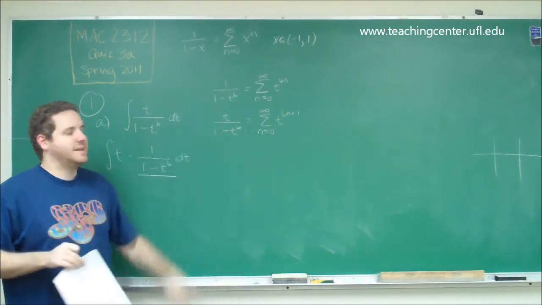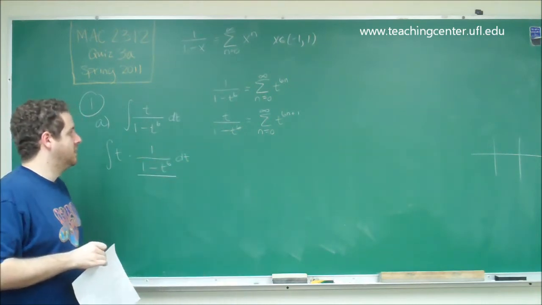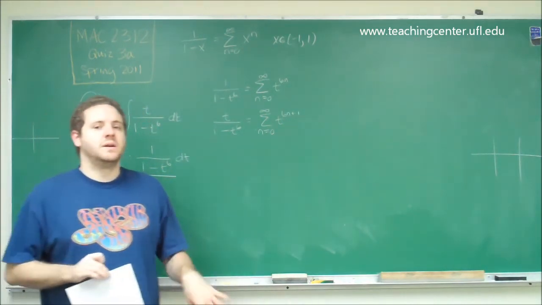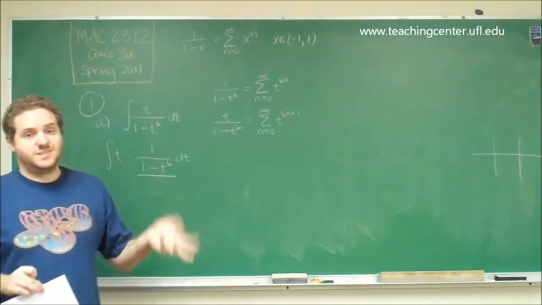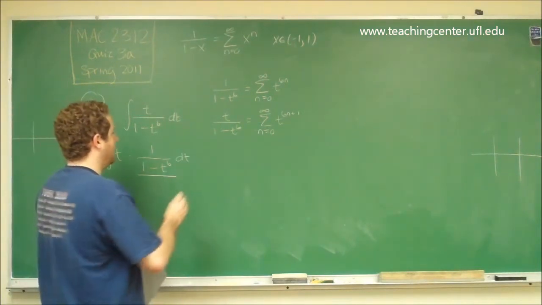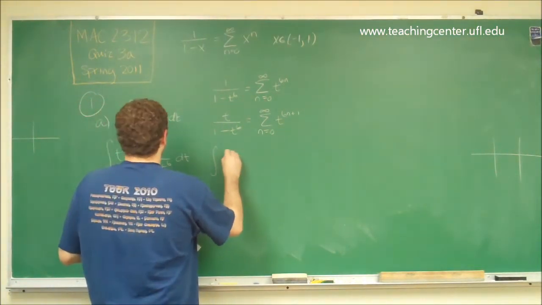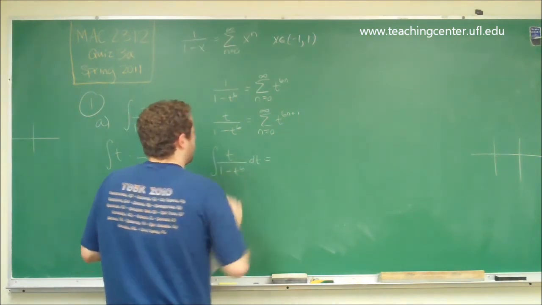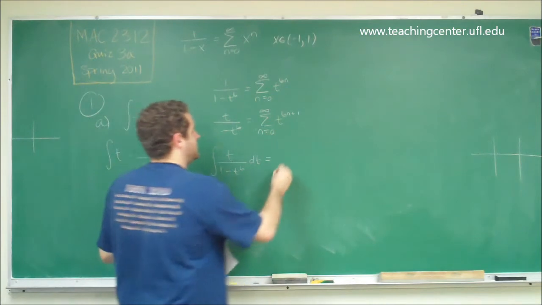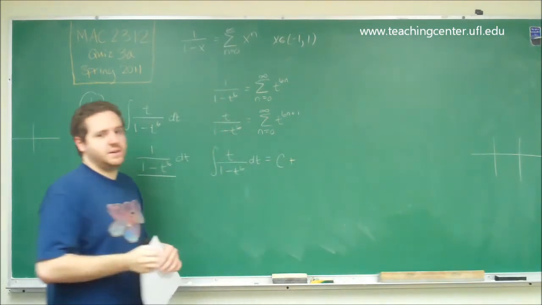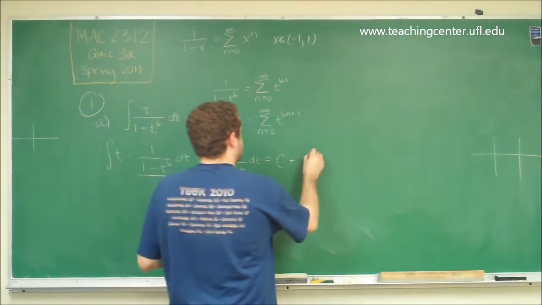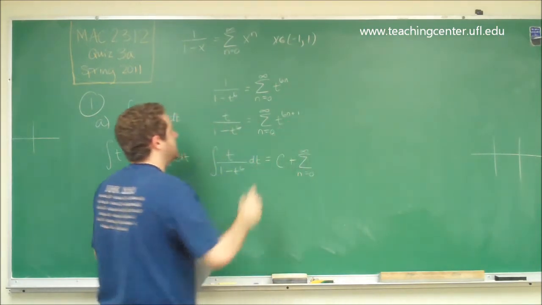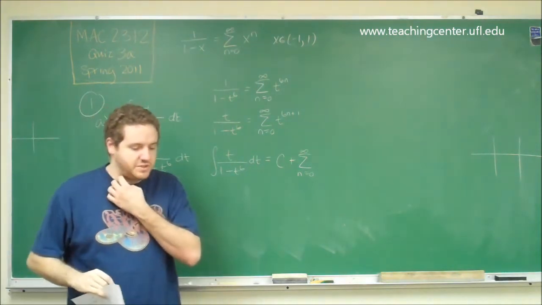So now we want to take the antiderivative of that. Remember that when we take the antiderivative, we can just take the antiderivative of our sum term by term. Remember that you have to add a C, though, the constant of integration. So we get that the integral of t over 1 minus t to the 6th dt is going to be C plus, we have our constant of integration, we're still going to have the sum from n equals 0 to infinity, and we're just going to take the antiderivative of that term right there.